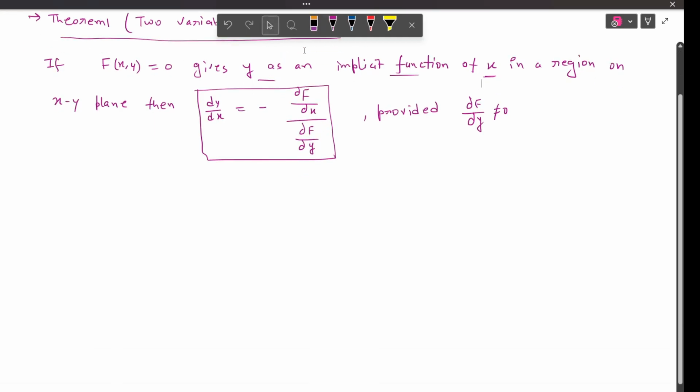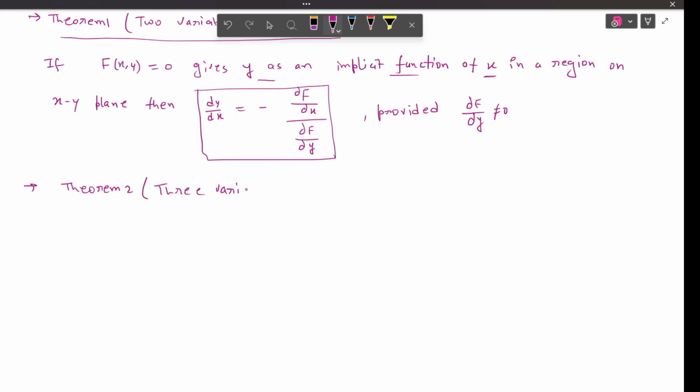Let us see our second theorem, that is for three variables, one equation. Okay, this is for three variables, one equation.